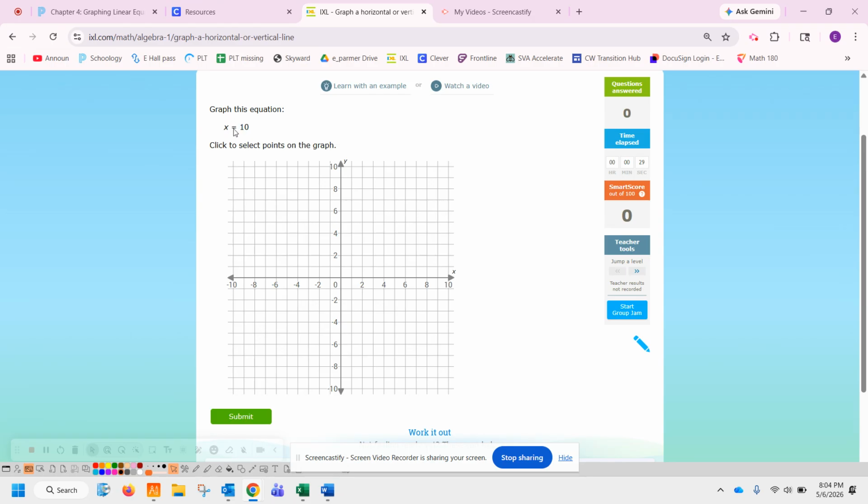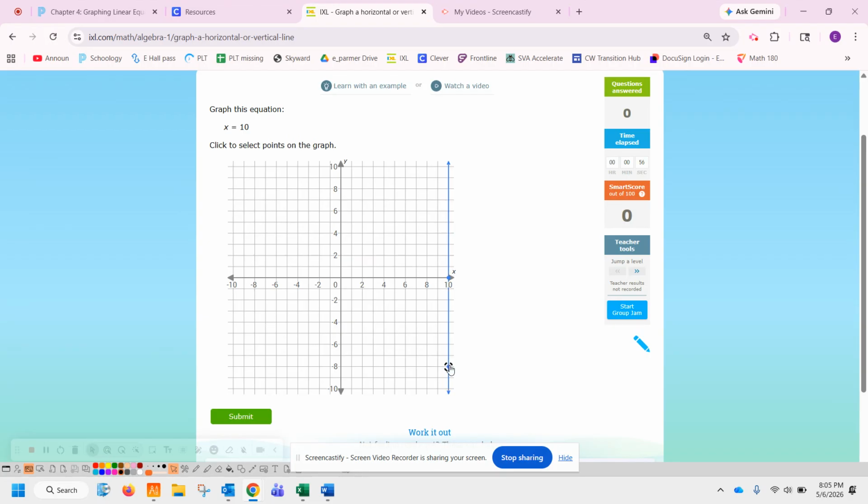What I do is, you need 2 points at least to create a line. So I like to actually find the number 10 on the x-axis, and that is where my first point goes. From here, I think, okay, X's are vertical lines, so they're up and down. So I want to create an up and down line. I could pick any of these ordered pairs up top here or any down here.